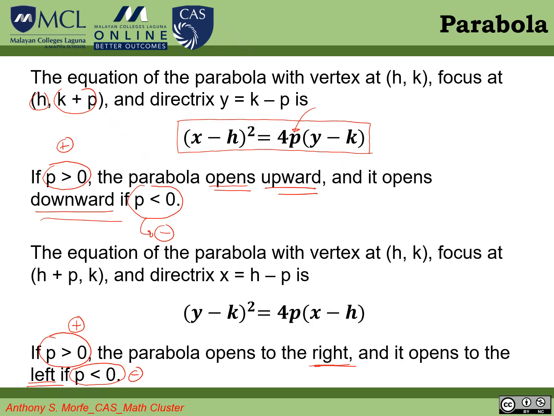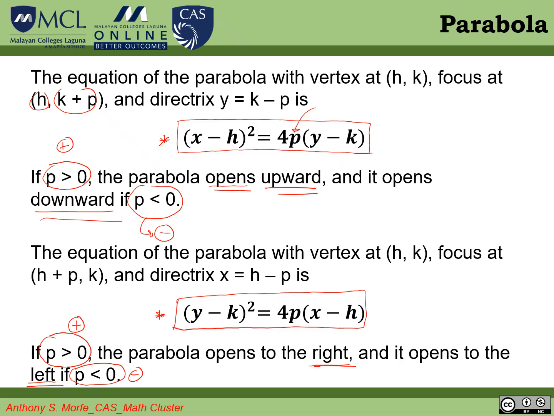Okay, so I hope you get the basic concept, class, of this discussion. And remember, two things to remember. This formula, you need to remember this, class. If you cannot derive it, then memorize it. And of course, you have to understand.